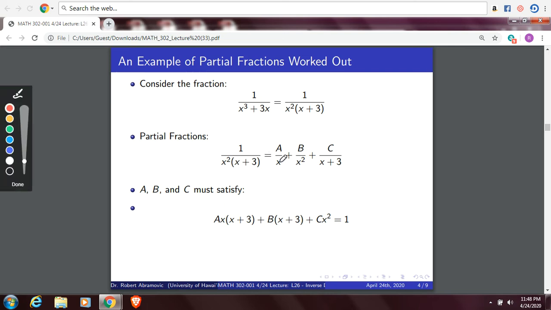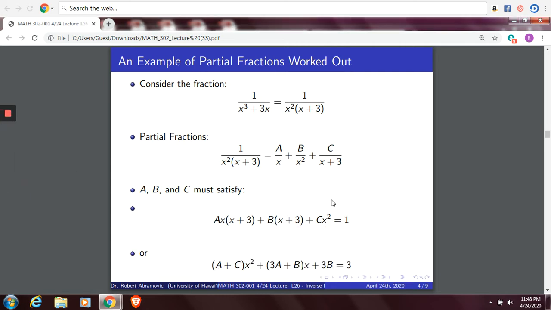So this is just multiplying a times x to get to x squared, and then times x plus 3 to get to x squared times x plus 3, plus b times x plus 3, to get to x plus 3 times x squared, plus c times x squared. So these three terms have to add up to 1.